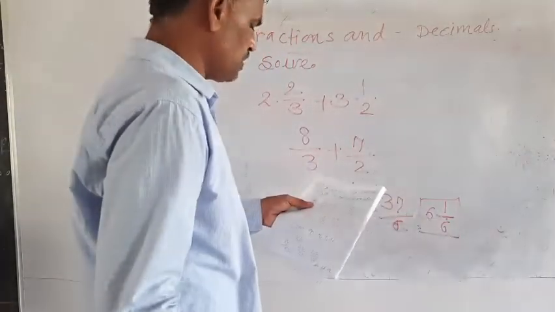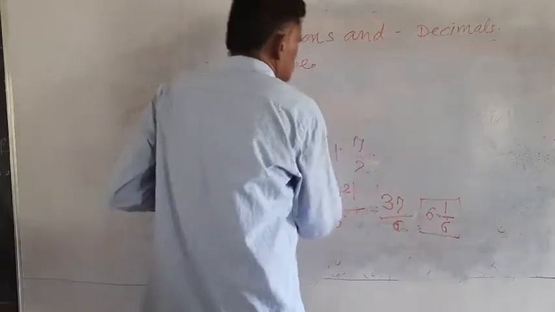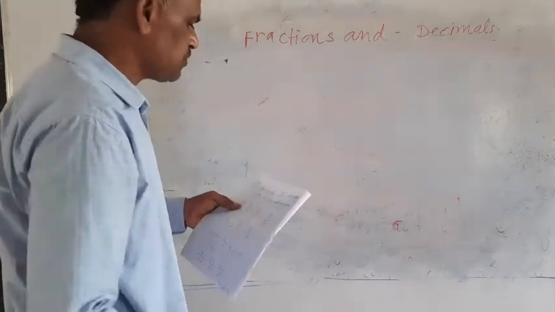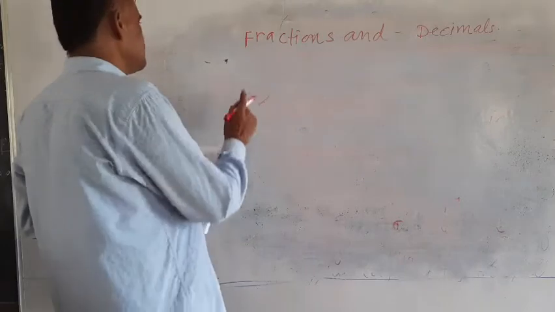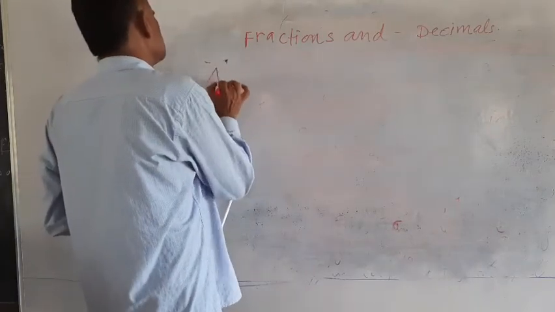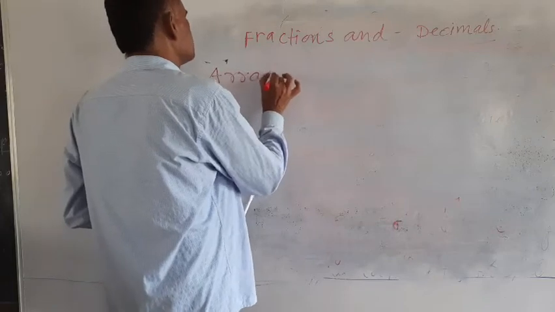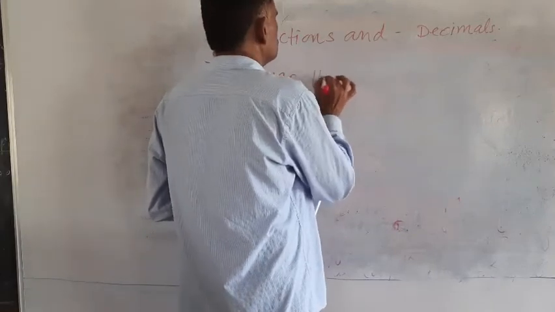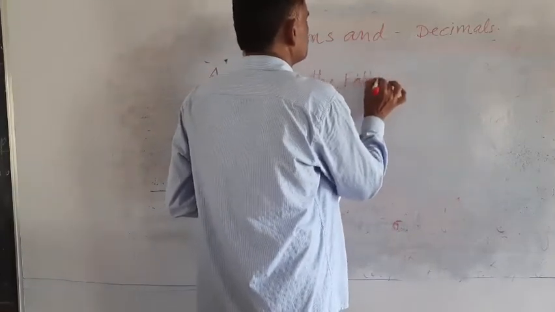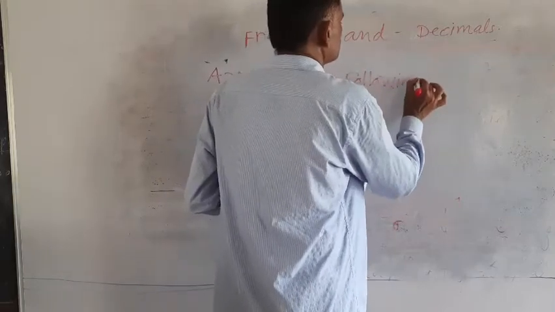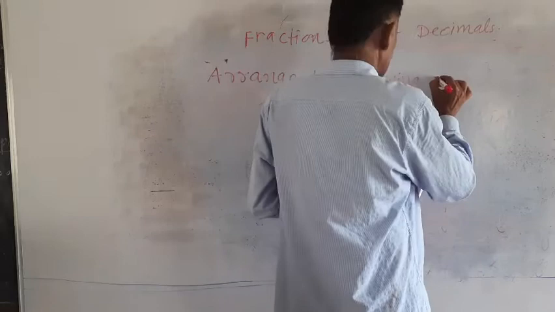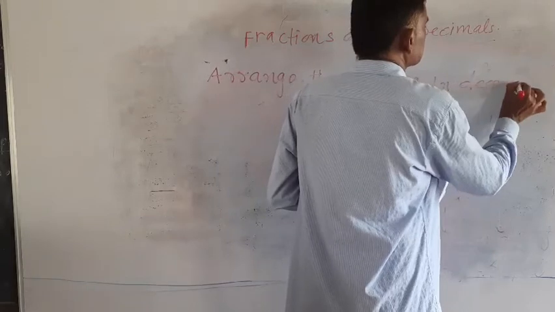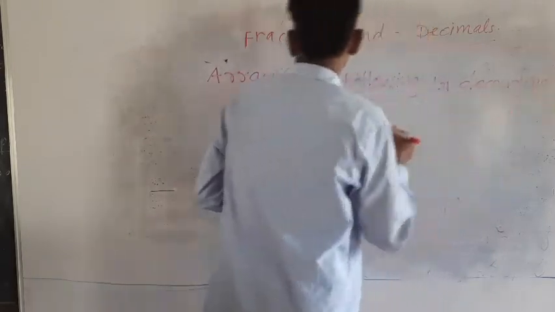Now we will take one more example here. Arrange the following numbers in descending order.